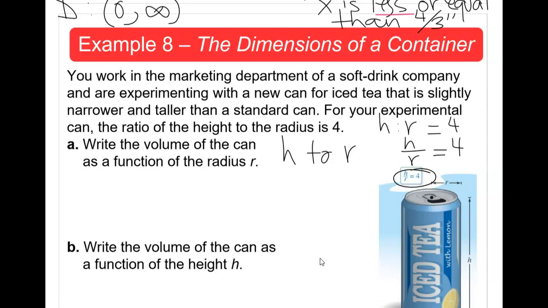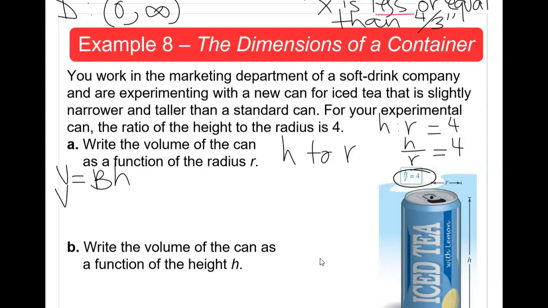So for part 8, it says, write the volume of the can as a function of the radius R. Now, the volume for a cylinder, which is the shape of this can, is the area of the base, that's why I use capital B, times the height.